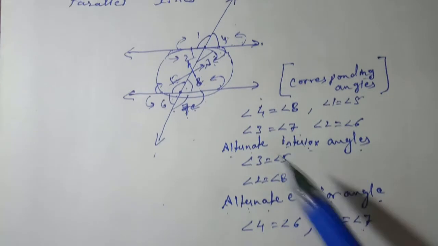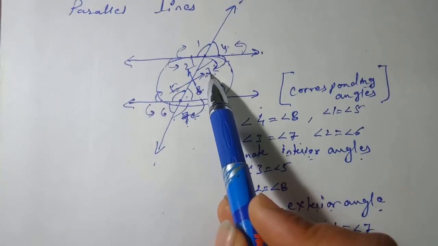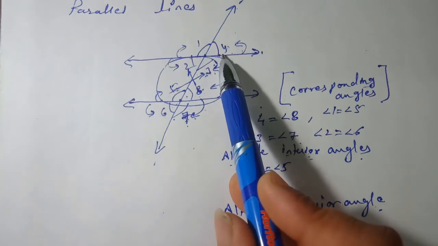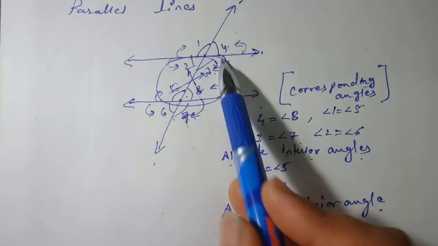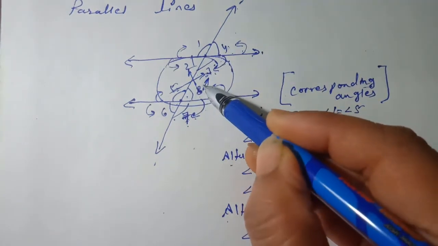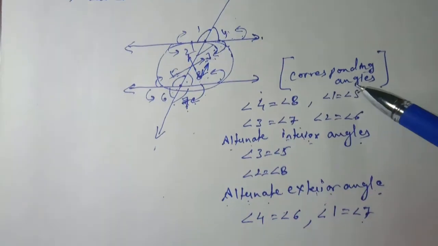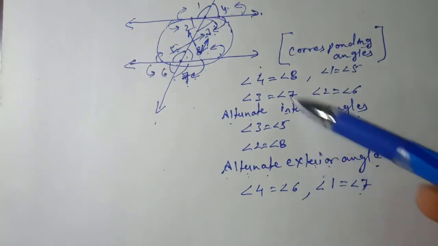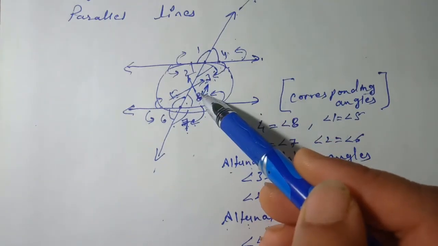Now again come to the interior angles, but only on one side of the transversal. If we move to one side of the transversal and take only the interior angles, we have two angles, 3 and 8. There is a relation between these two. Till now all the angles we observed were equal to each other, but here the angles will not be equal.